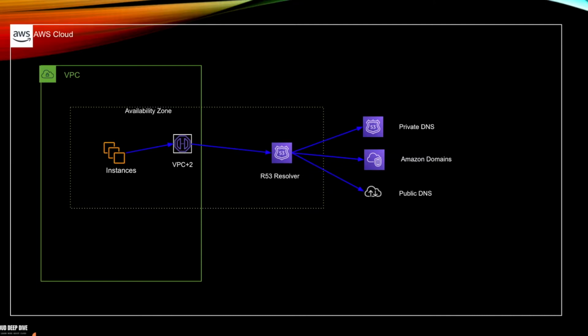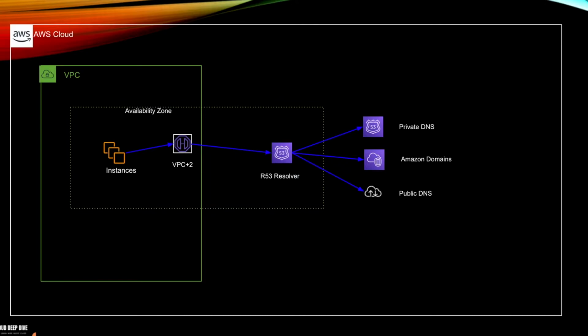If not, it will check the Amazon domains, trying to find out whether this particular domain belongs to any VPC within AWS, and it will try to resolve it. But if it doesn't belong to Amazon domains or your VPC DNS, then it will go to public DNS and try to find out the IP address.